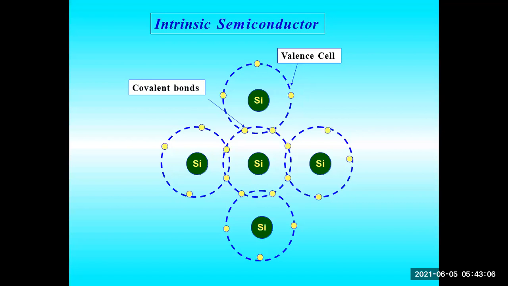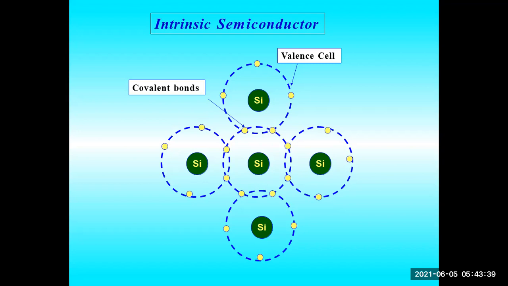Now, when we see the schematic diagram of silicon, you can find out how this bonding is formed. Let us consider a 2-dimensional view of silicon. You can see a circle for each silicon atom, and the dotted region has 4 electrons. When neighboring silicon atoms combine, you can see the schematic structure of silicon is like this.